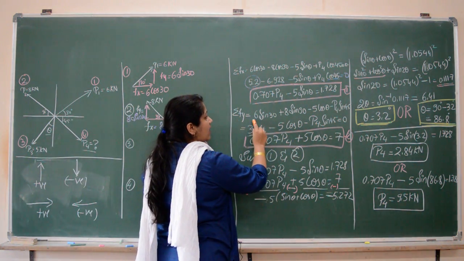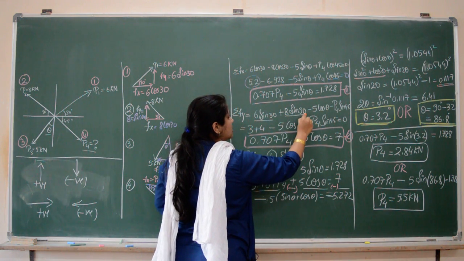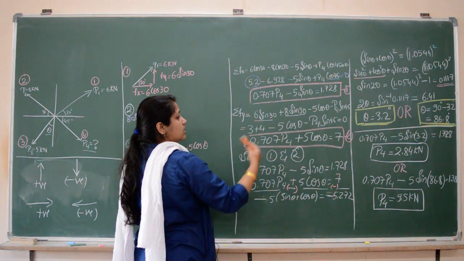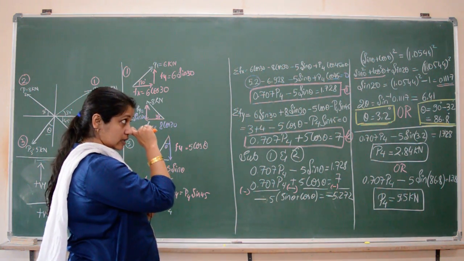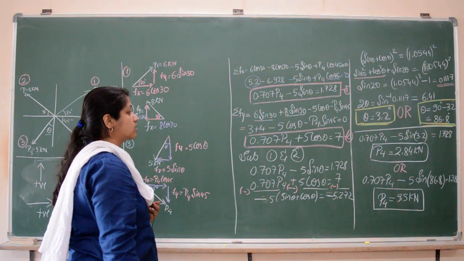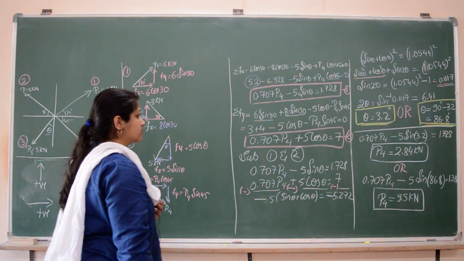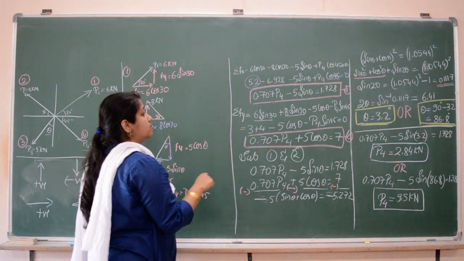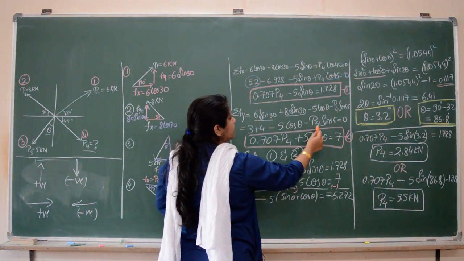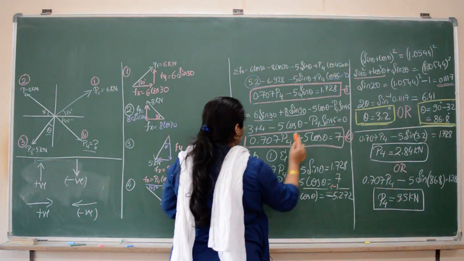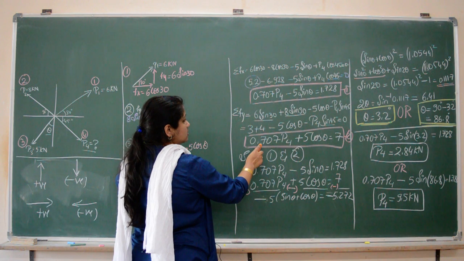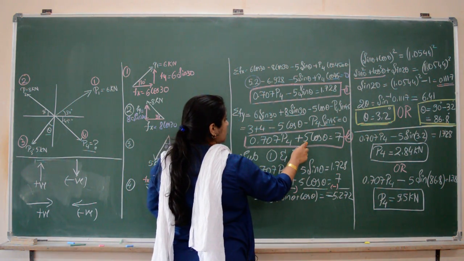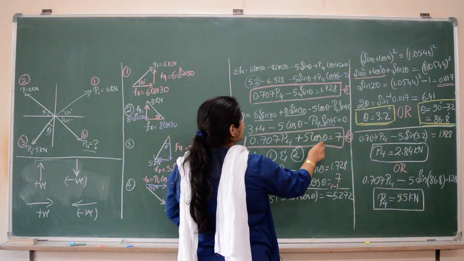Again I have simplified these values whichever are possible. Then unknowns I have kept as they are. Okay students, I hope it is clear to you. Next, when I come here, again sin 45 is nothing but 0.707 P4 plus cos theta.